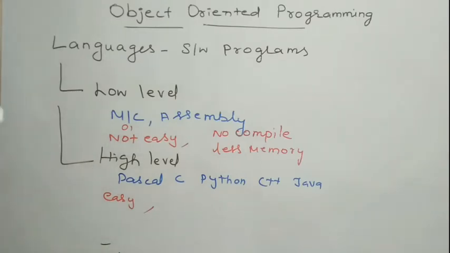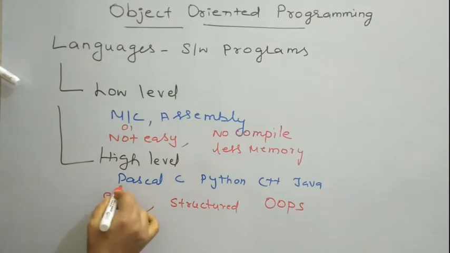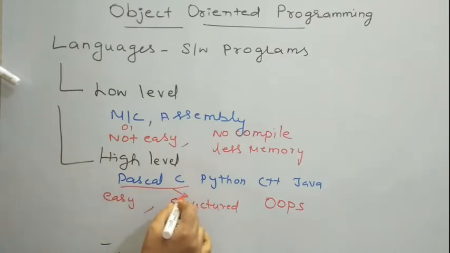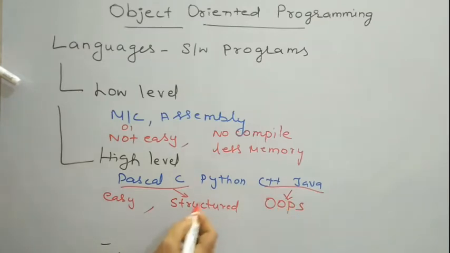We have two categories of high level languages. One is structured languages, the other is object oriented programming languages. Among the list, Pascal and C are structured languages, C++ and Java are object oriented programming languages, and Python is both structured and object oriented.